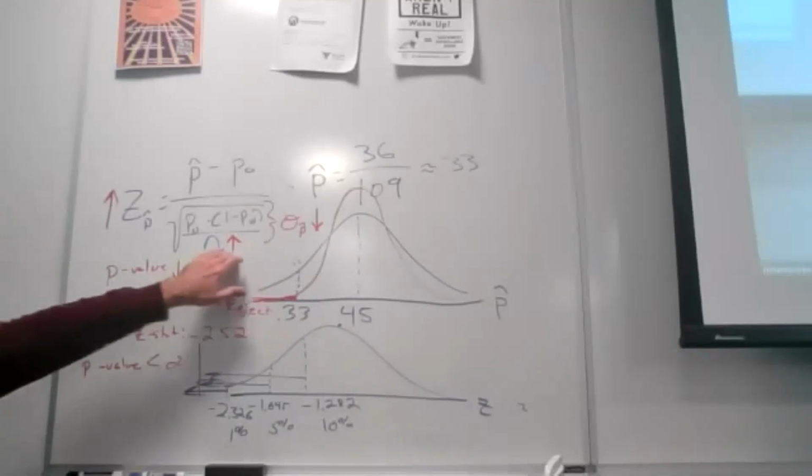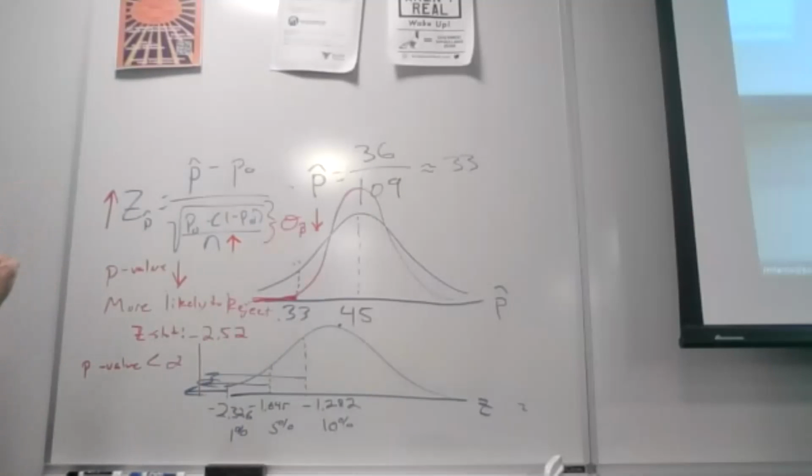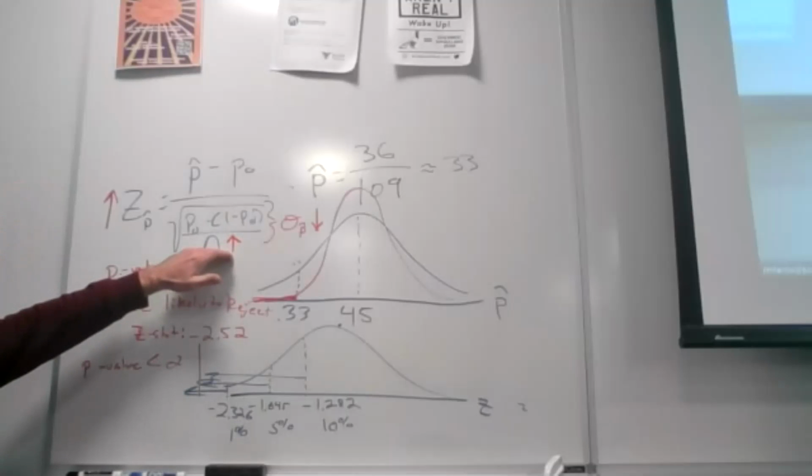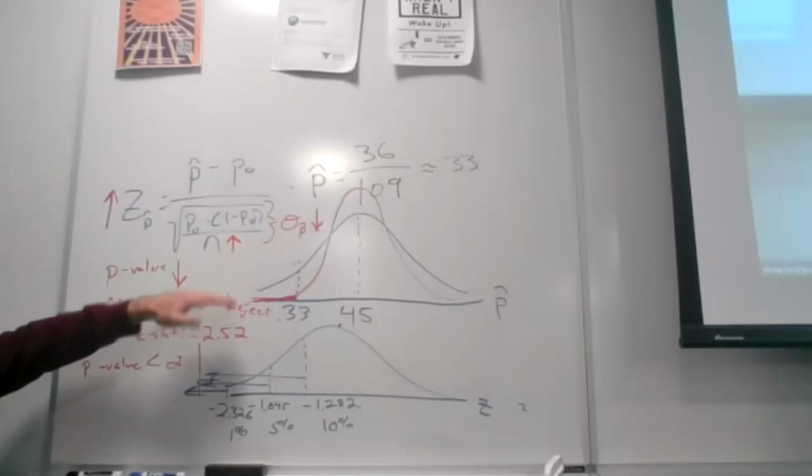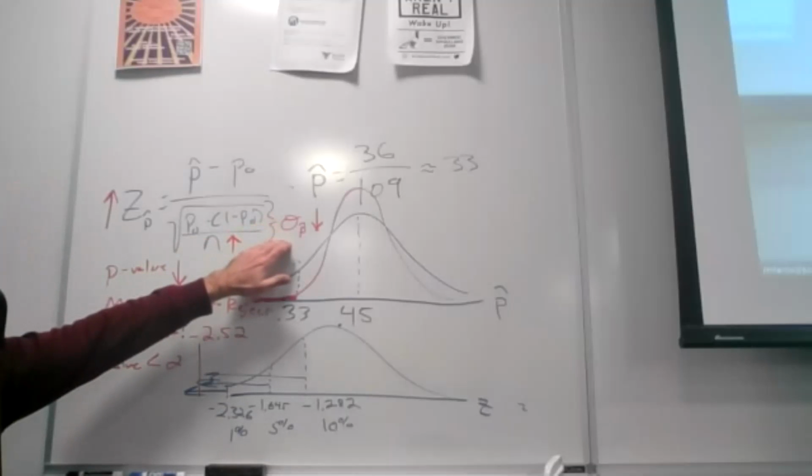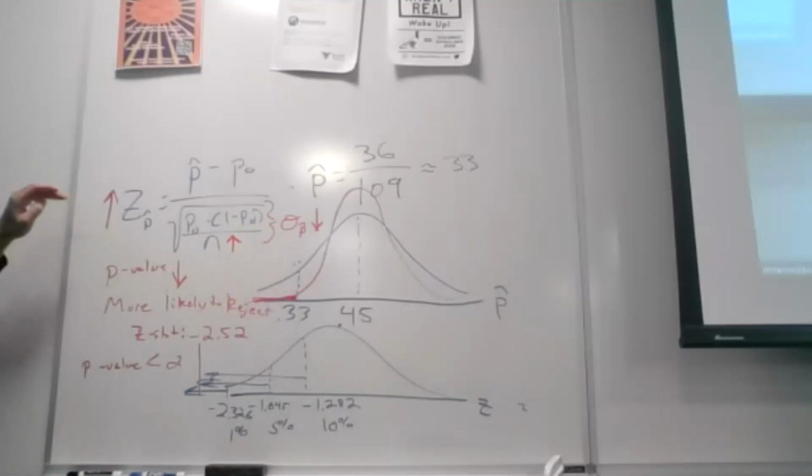So kind of these red lines, if you wanted to write them out line by line as a step. Number 1, a higher sample size will lead to a smaller standard deviation. That will lead to a higher test statistic, which leads to a lower p-value and makes me more likely to reject. Right?